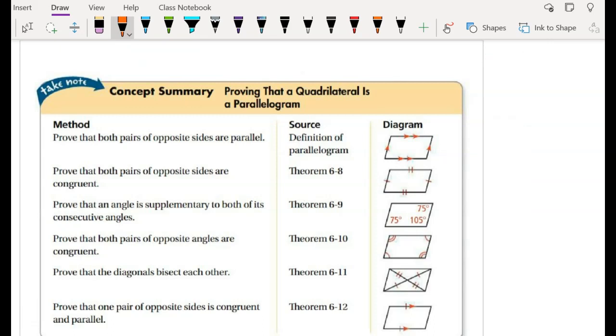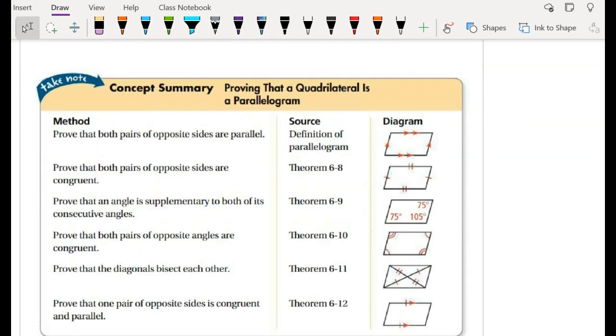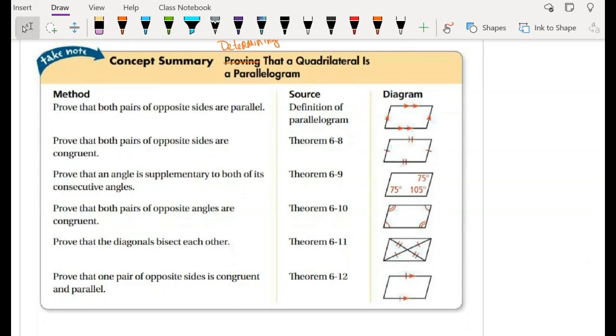Okay, so the first thing I want you to do, this is a summary, and I want you to scratch out proving and put in determining. Determining that a quadrilateral is a parallelogram. So this is a summary of all of the theorems that we've done in this lesson.